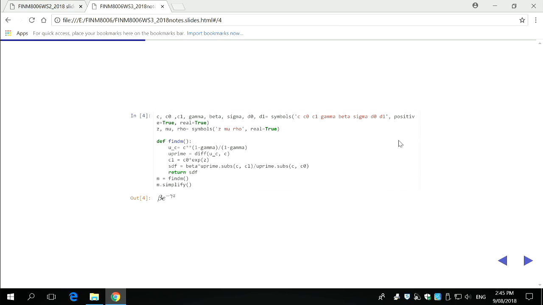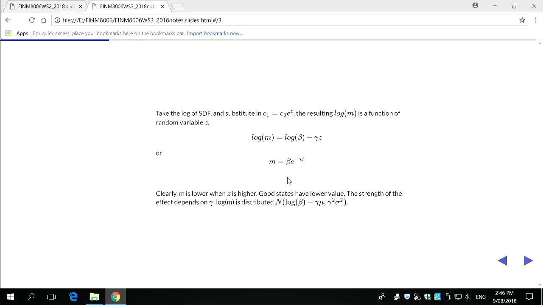Well, if you don't believe me, you can ask the computer. Now the computers can even do the derivative for you. You don't really need to know this, but I just show you: if you specify your utility function, and specify your u prime as the derivative of the utility function with respect to c, and then your c1 is c0 times the exponential of z, and then you plug into your SDF formula and ask for what is m, you get this, which is exactly what we got when we did it ourselves.